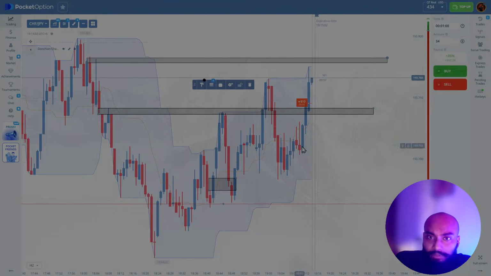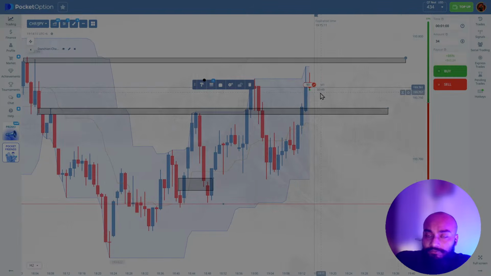Let's do some compounding with it. Okay, $34. This is going to be my last trade for sure. And it closed at this level, right?